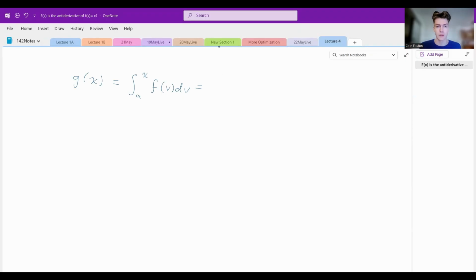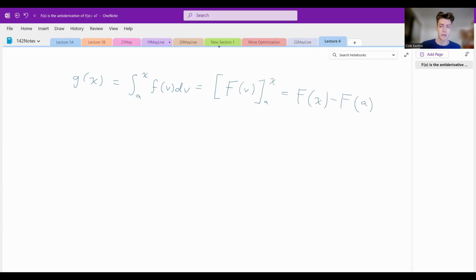But since the choice of letter doesn't matter, I'm just going to take my antiderivative of little f, which is my big F of v, and I'm evaluating that from a to x. And so that's going to give me big F of x minus big F of a.